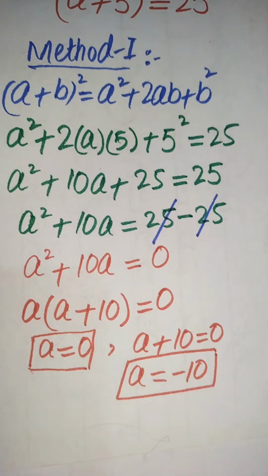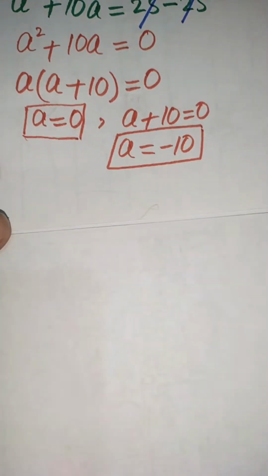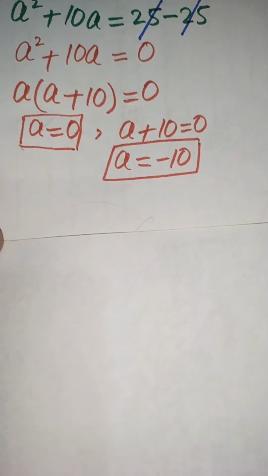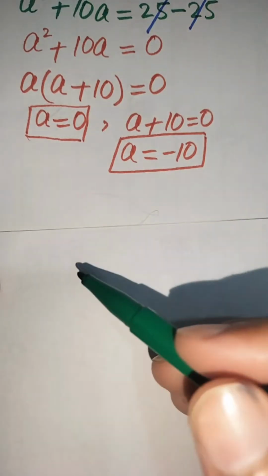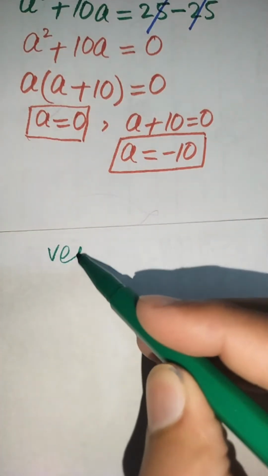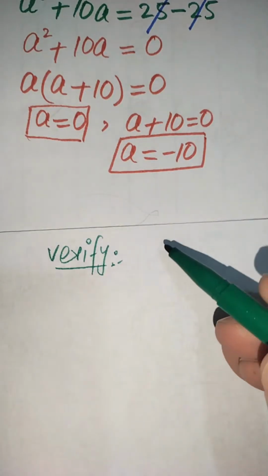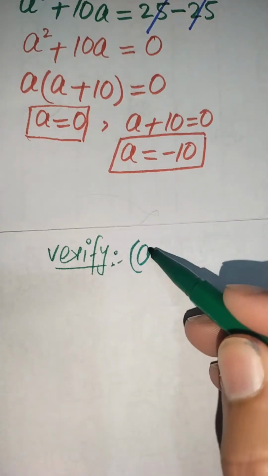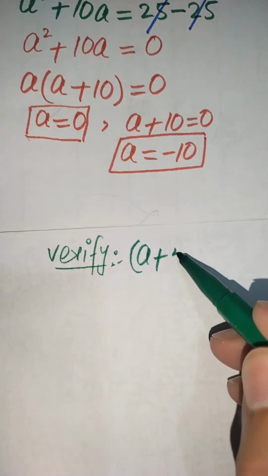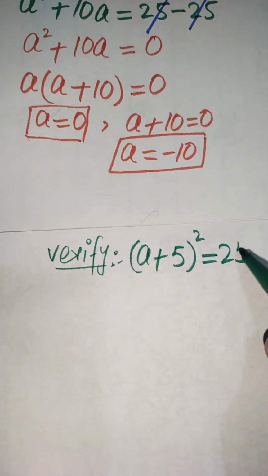So in the first method, these are the two roots of the given equation. In the next step, we need to verify that both of these two roots satisfy our given question statement. For verification of the roots, we copy down the given question statement: a plus 5 whole square is equal to 25.